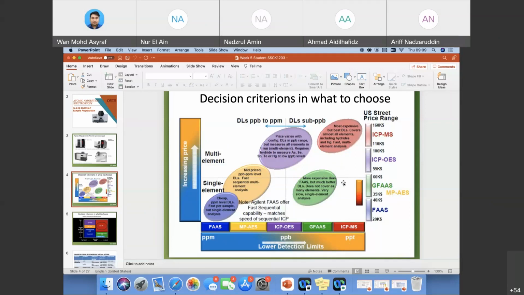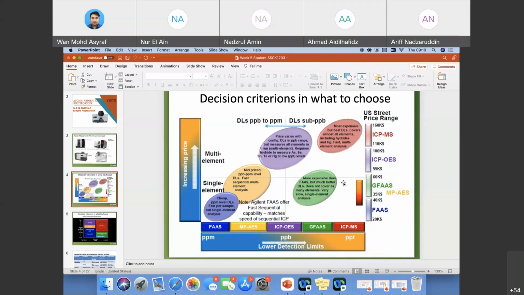Say I have a copper sample but it is trace element analysis.